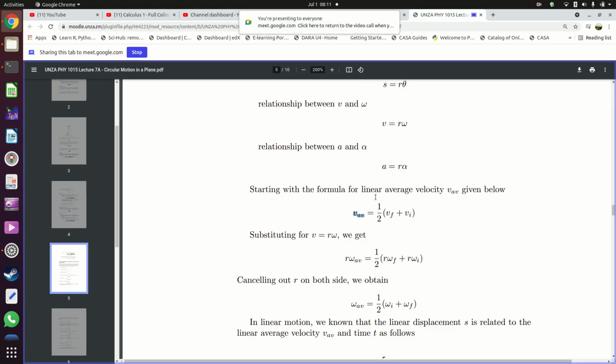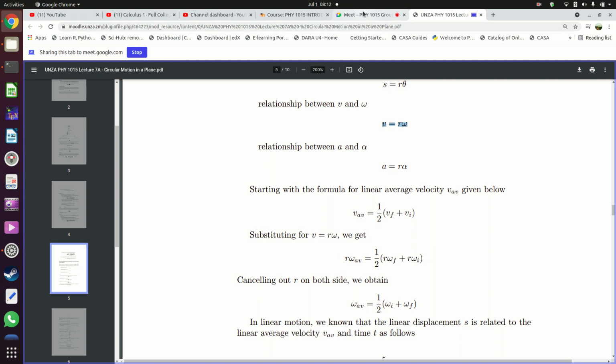So there is this useful formula which we use to describe how fast things have been moving, average velocity. But with what we know, we can substitute for these velocities, average velocity, final velocity, initial velocity, using this expression here: v equals r omega.